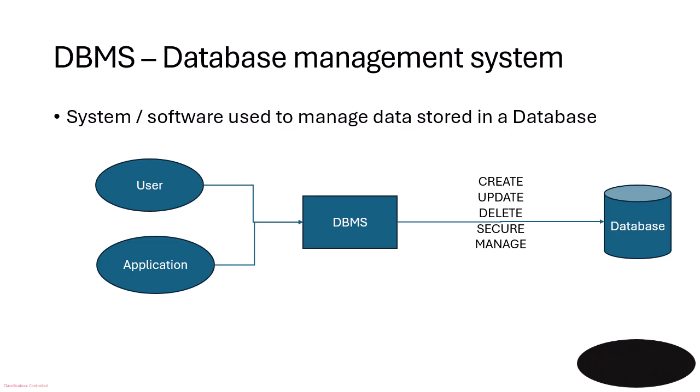Then let's say after 3 months, you move to a different place and your address has changed. So you want to go and change your address. You go there, you fill another form, and then change your address. Then your data is getting updated. Delete, in this scenario, is not possible.